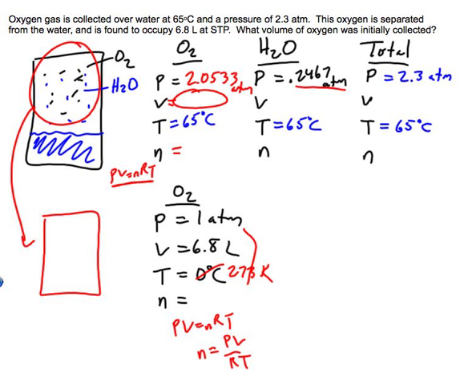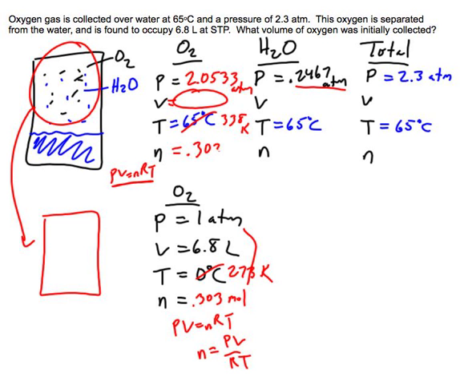So this is 273 Kelvin, and then 65 plus 273 is 338 Kelvin. I don't want to make the mistake of using Celsius. If I solve for moles, I can do 1 times 6.8 divided by 0.0821 divided by 273, and I get 0.303 moles.